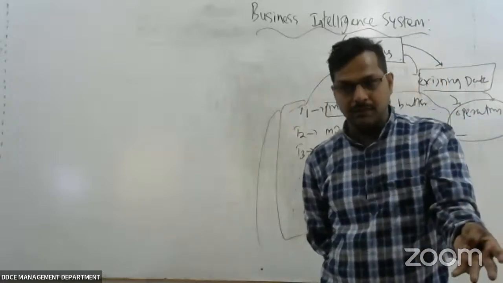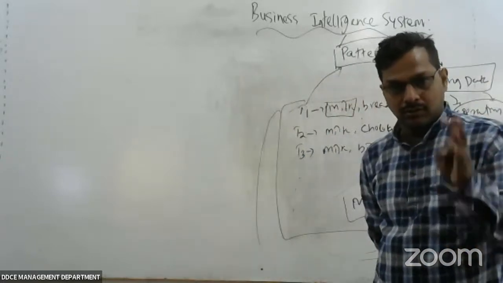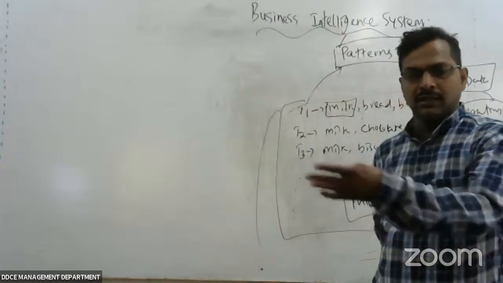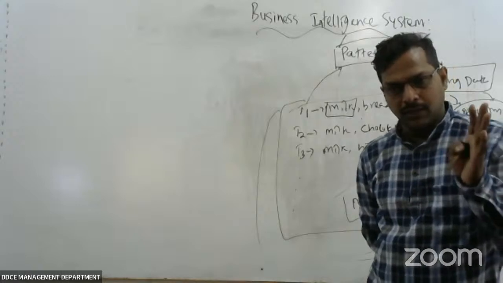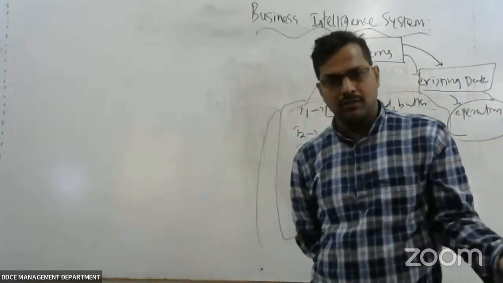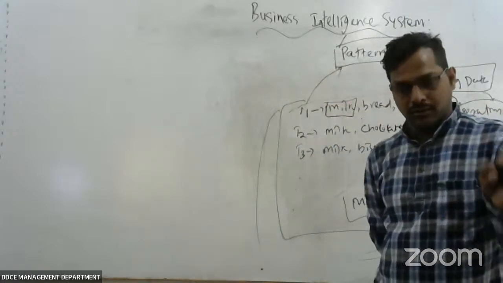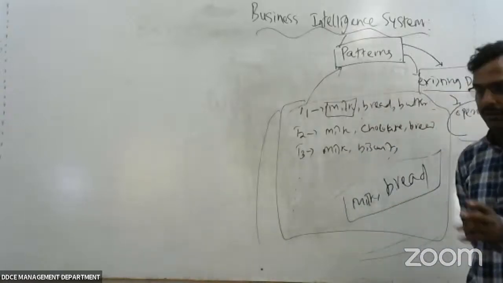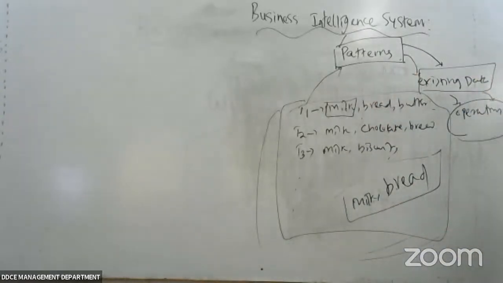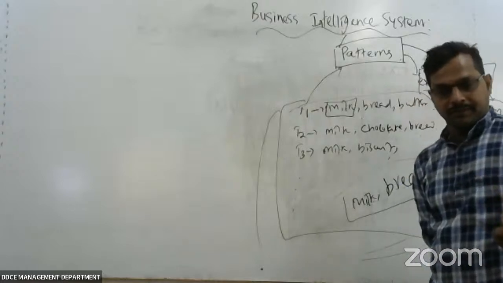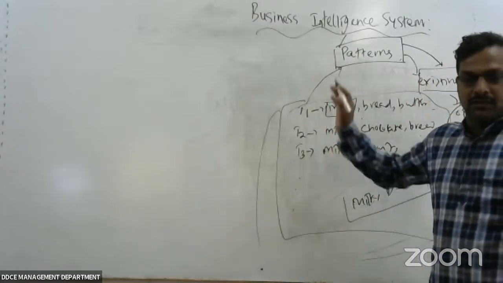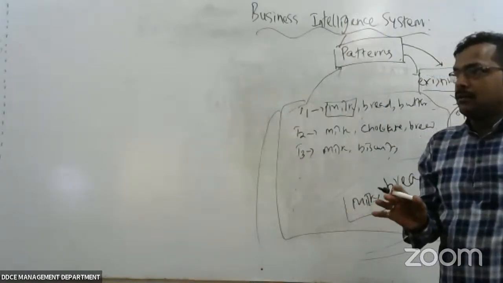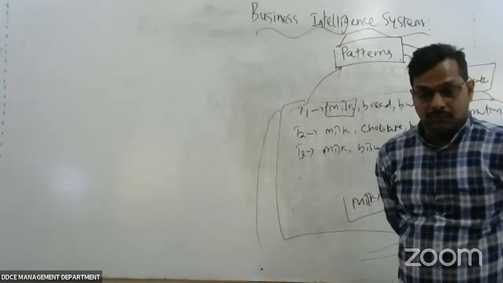Because the investment will be done, accordingly it should be sold out. If stock remains, it will be a problem and the organization will lose. So it also makes the entire decision making process easier, because decisions are made on the entire transaction data.